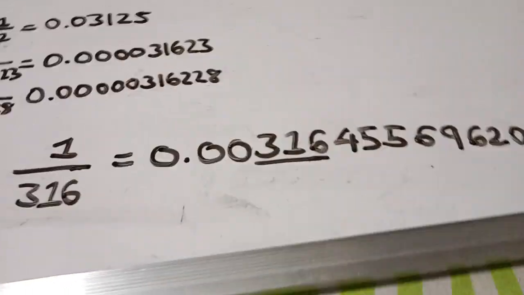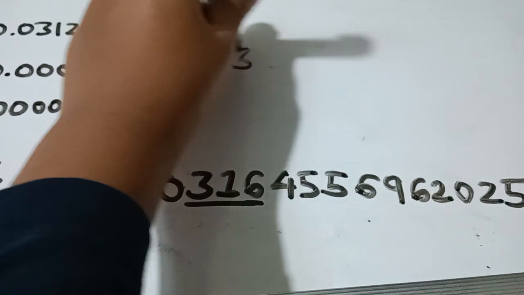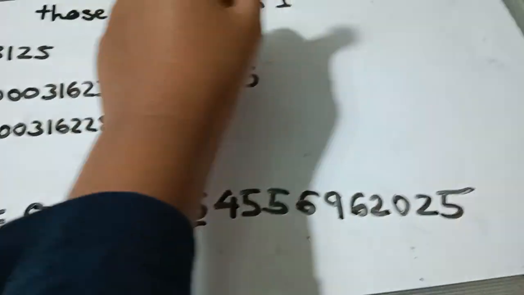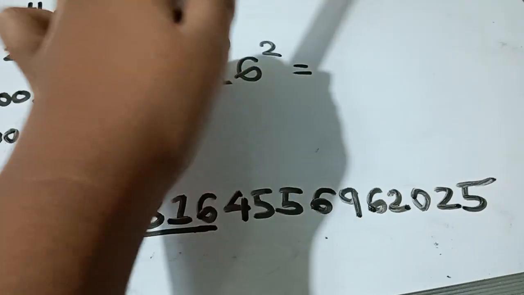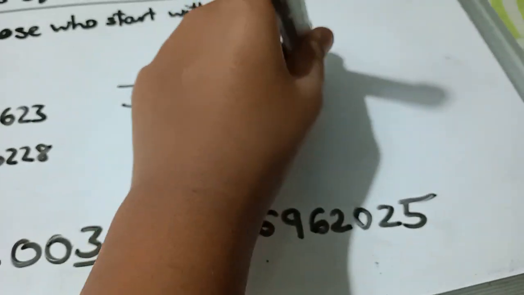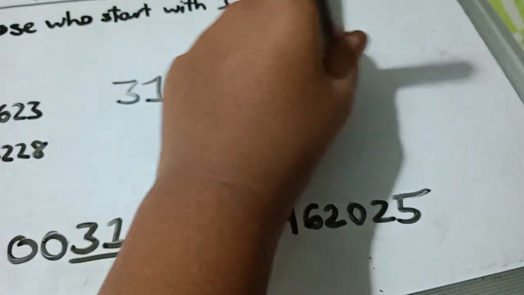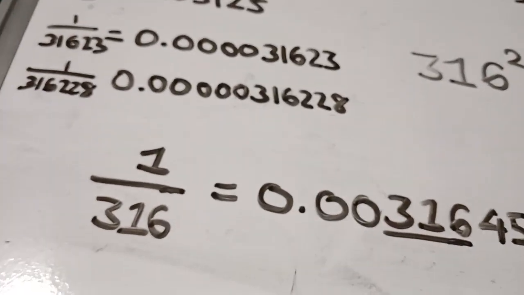Actually the real magic starts at 317, because with 316, all you have to do is square it, and it does not have two zeros because it's non-zero: it's 99,856, which means it still hasn't crossed yet.